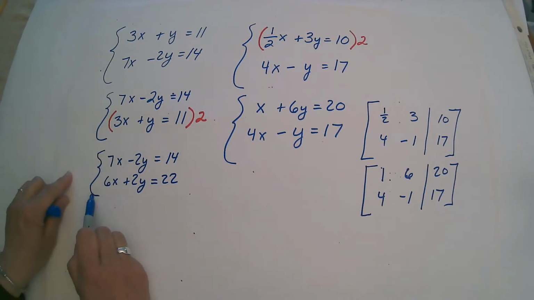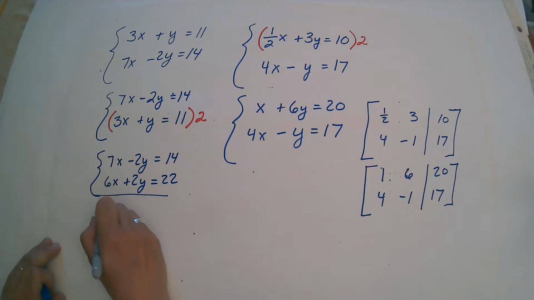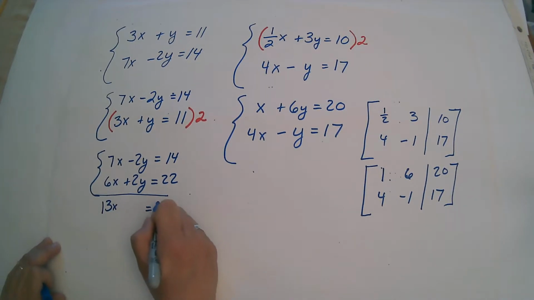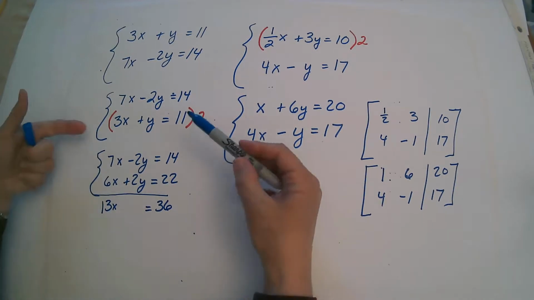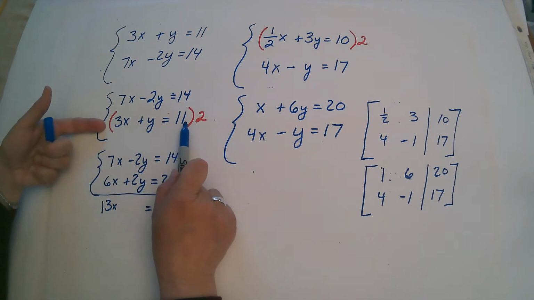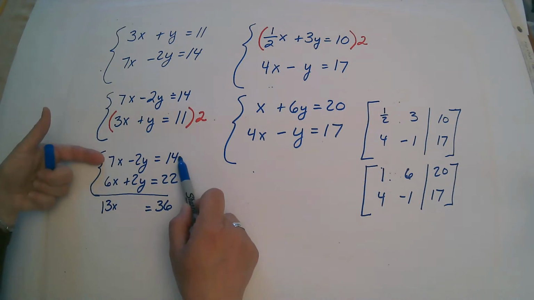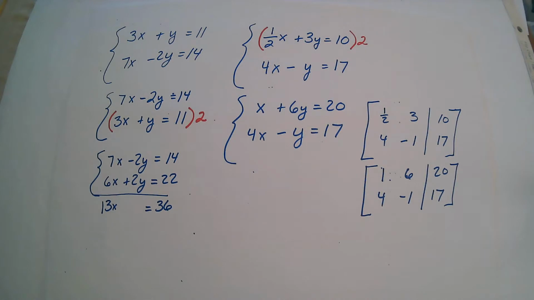And then add those two together. We do this all the time when we're solving using elimination. It's a totally valid step when solving systems. And then you would keep going. But the idea is multiplying an equation by a number and adding it to another equation is a completely valid step when solving the system.